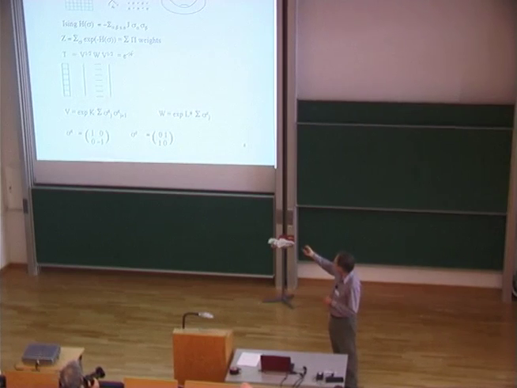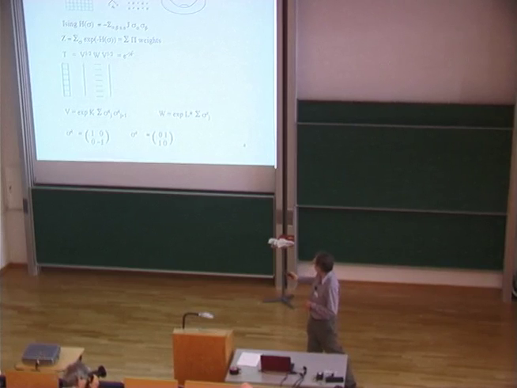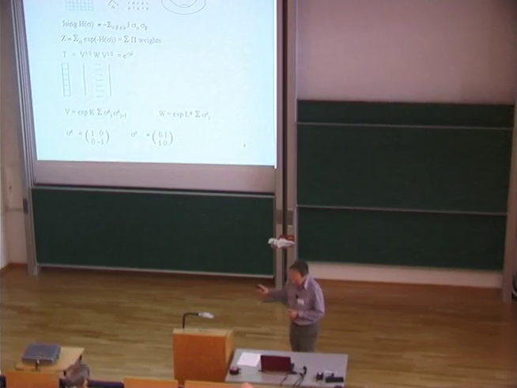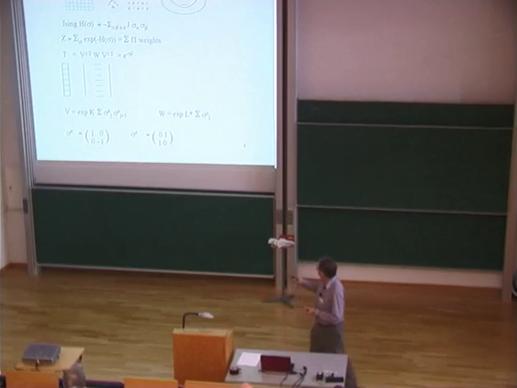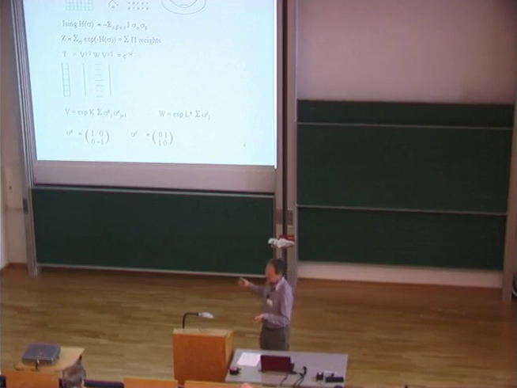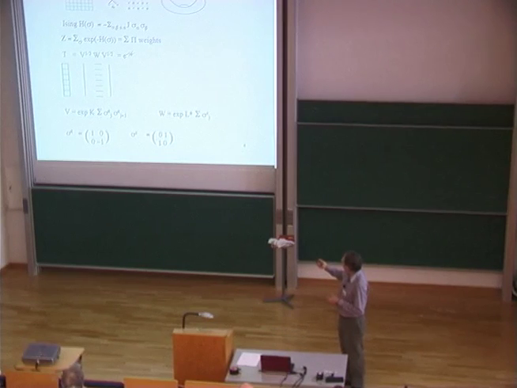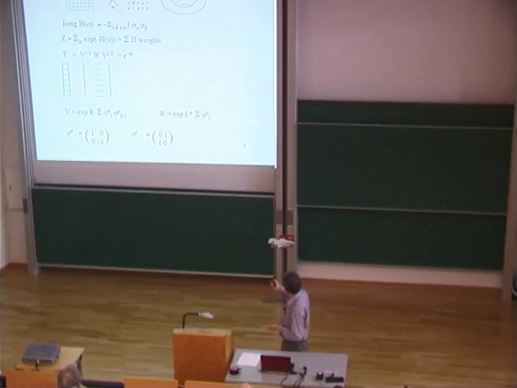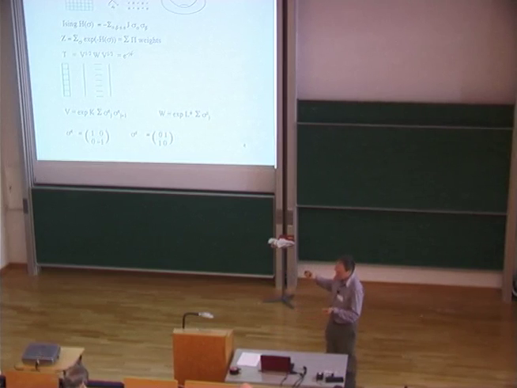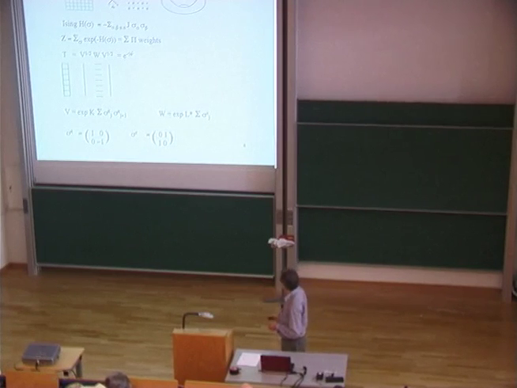So at zero temperature, the transfer matrix is exactly V, this part here, which has a degenerate largest eigenspace of, say, all pluses or all minuses. And at the other extreme, at infinite temperature, T reduces to W, and that has a non-degenerate largest eigenspace of an equal distribution of plus and minus.